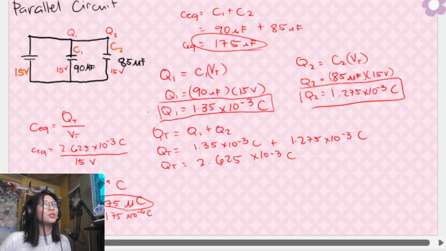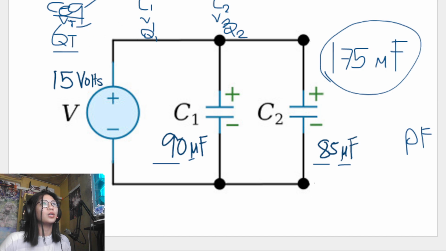Okay. So once we have QT, we are done with the QT. We will proceed with C1.